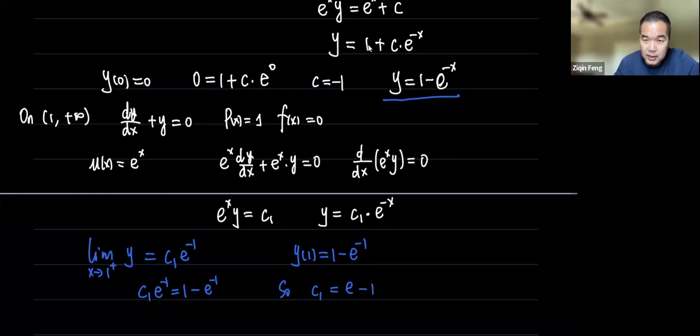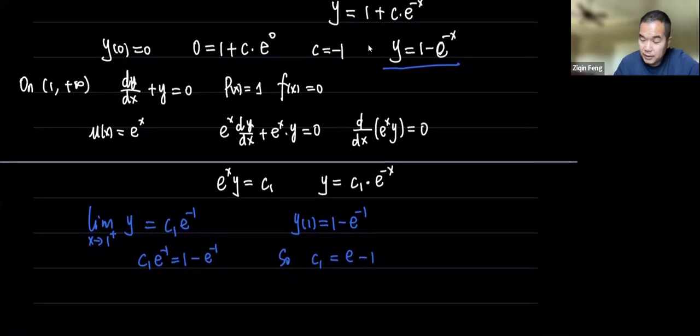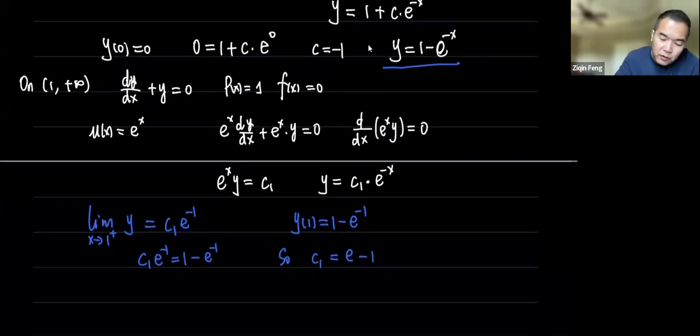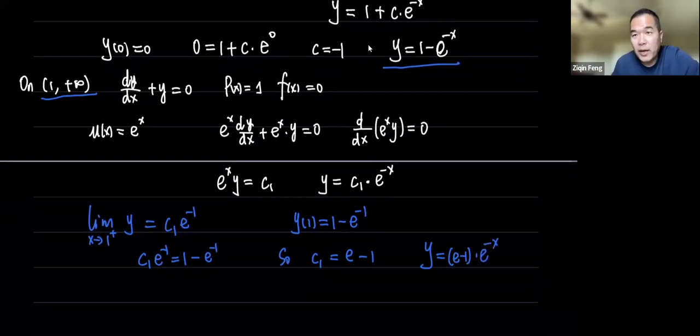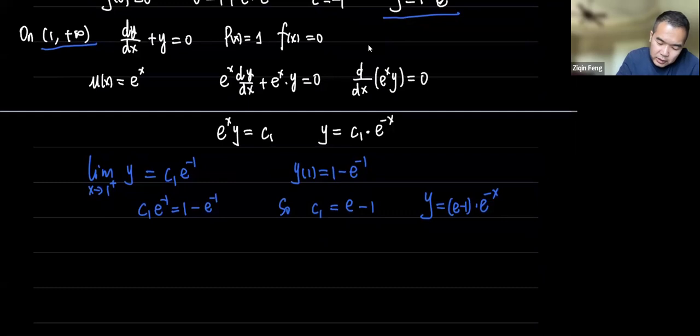So we get our second piece, on the interval from 1 to infinity, which is y equal to e minus 1 times e to negative x. Now we have both pieces. One is from 0 to 1, the other one is from 1 to infinity.